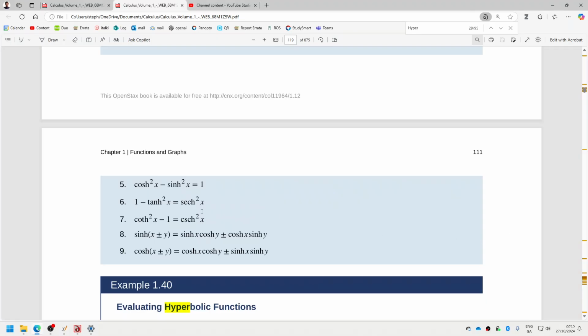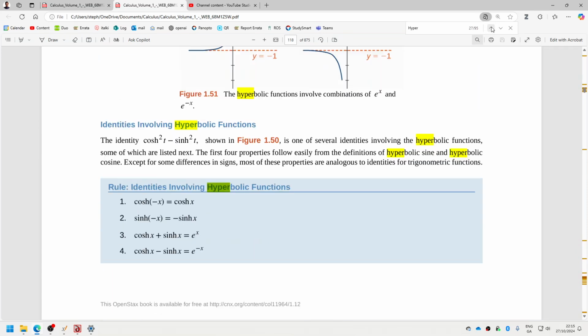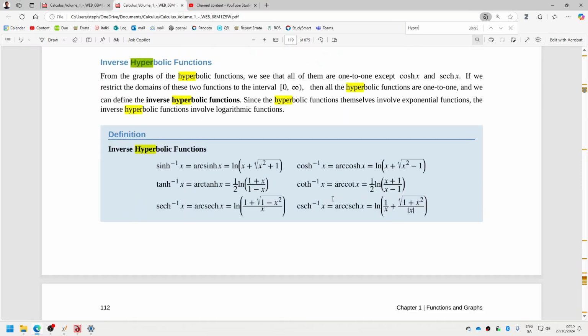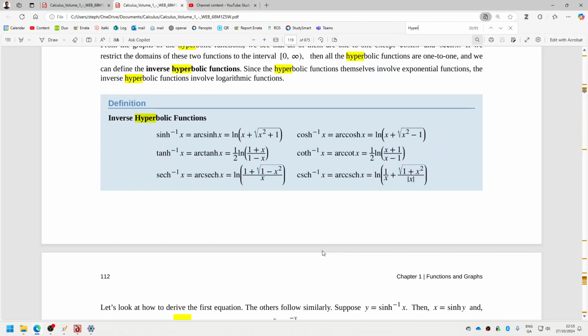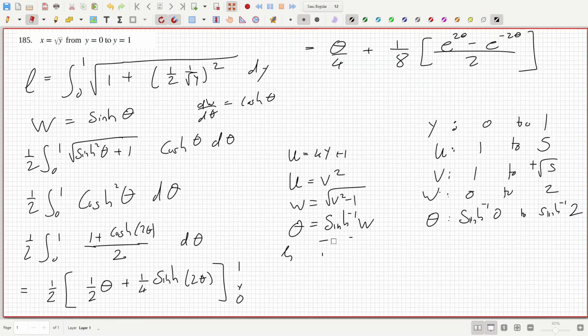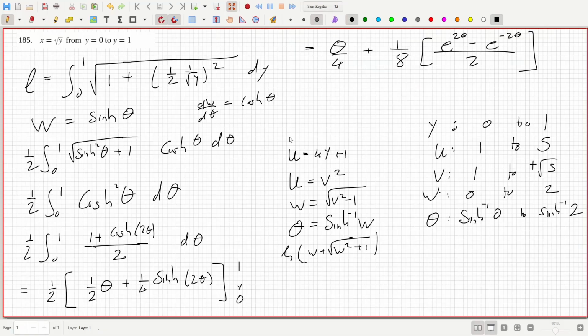So now I need the hypersine inverse function definition, which I saw somewhere a moment ago. That's log, so that's log w plus root w squared plus 1.